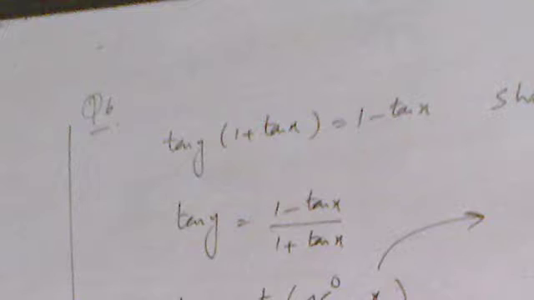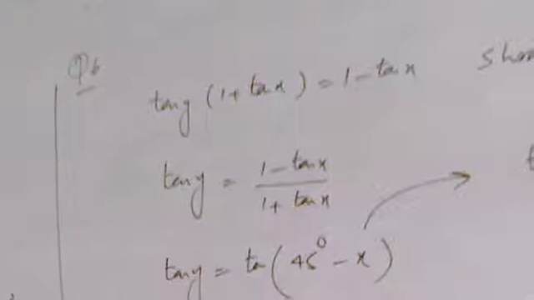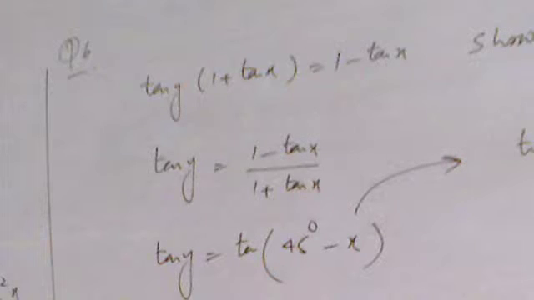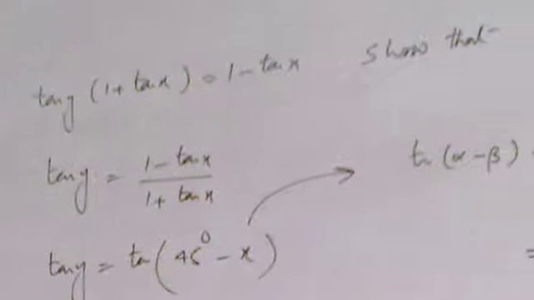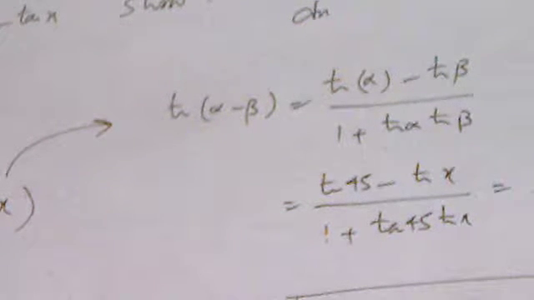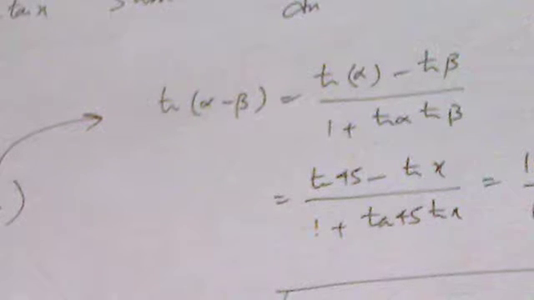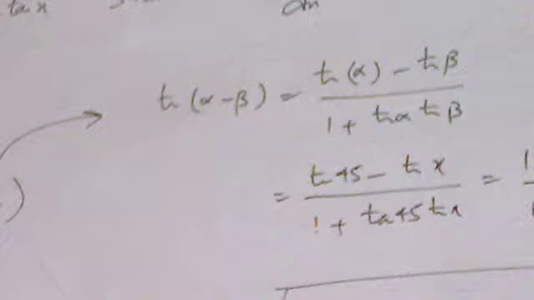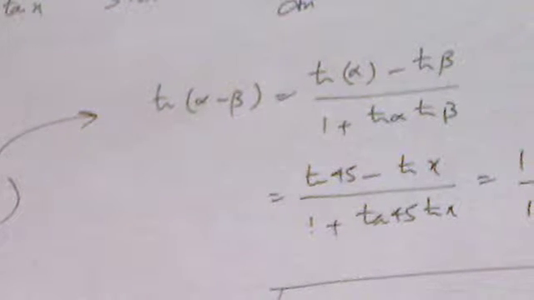Now we correct question number 6. tan y into 1 plus tan x is equal to 1 minus tan x. We move 1 plus tan x to the right hand side. Now we have this formula: tan of alpha minus beta is equal to tan alpha minus tan beta over 1 plus tan alpha tan beta. If we replace alpha by 45 and beta by x, tan 45 is equal to 1.